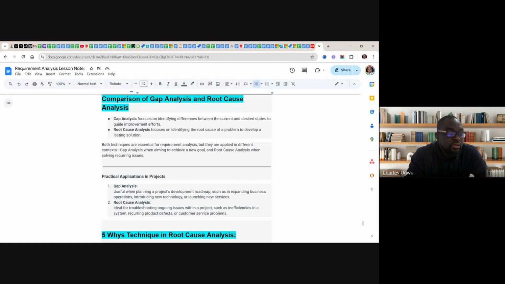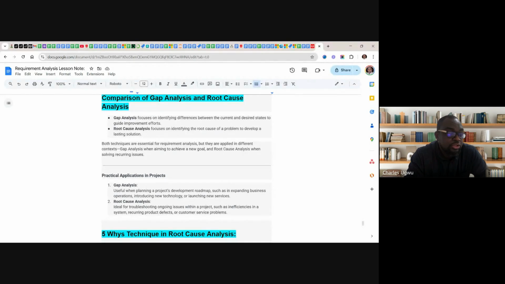Both techniques are essential for requirement analysis, but they are applied in different contexts. Use gap analysis when aiming to achieve a new goal, and root cause analysis when solving an occurring issue.